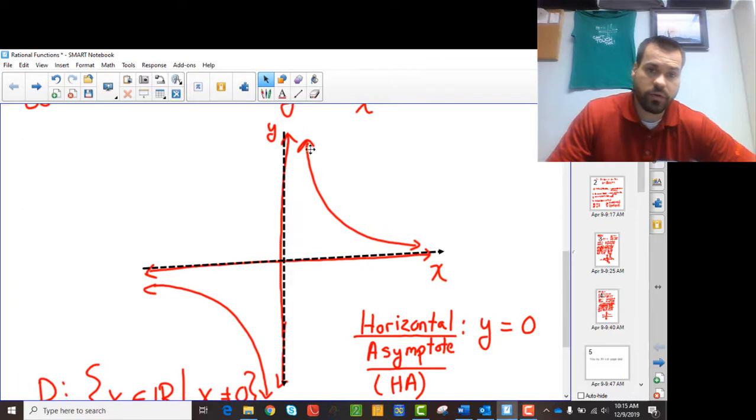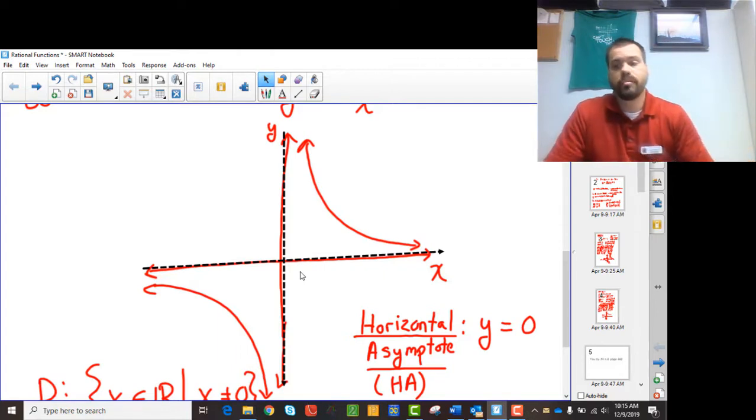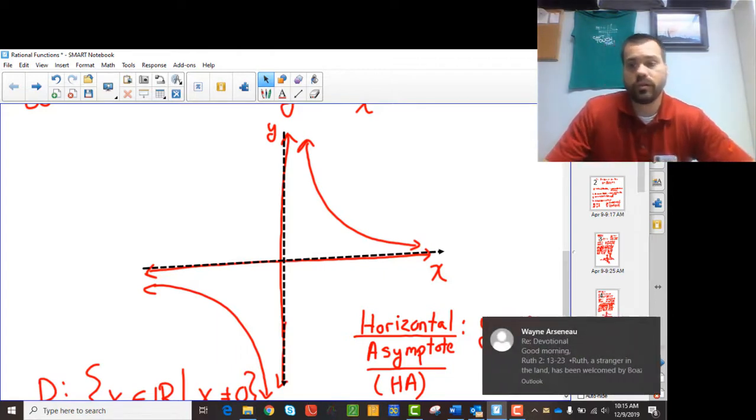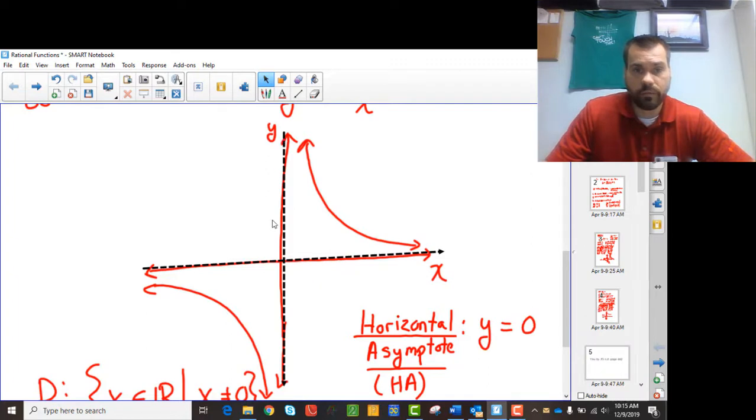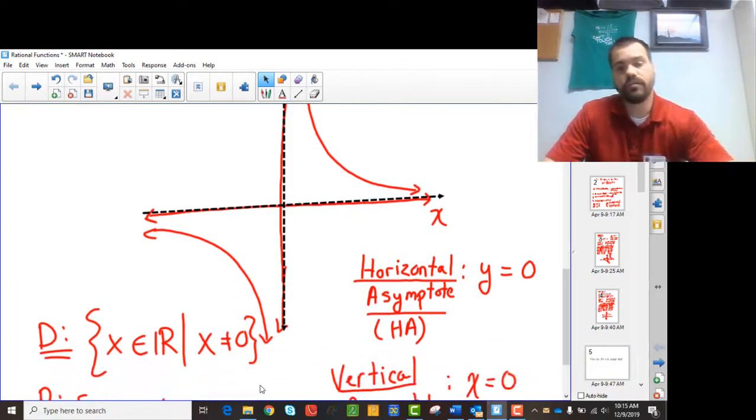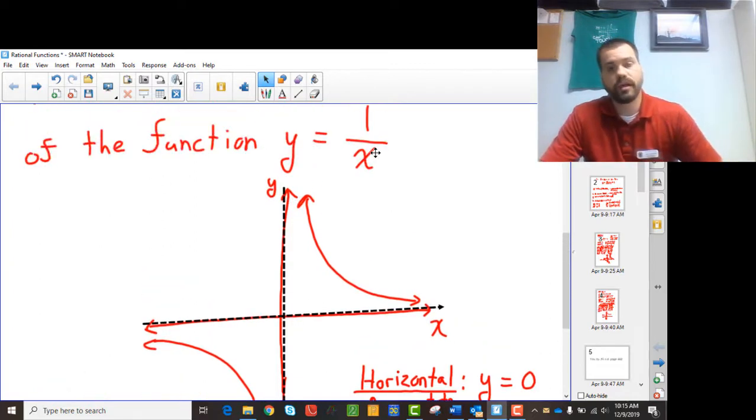The function's going up here towards 0, and it's going down here towards 0, as x approaches 0. But at x equals 0, there is no value for y. We're saying it doesn't exist there. And that is because if you plug x equals 0 into this, you get 1 over 0.